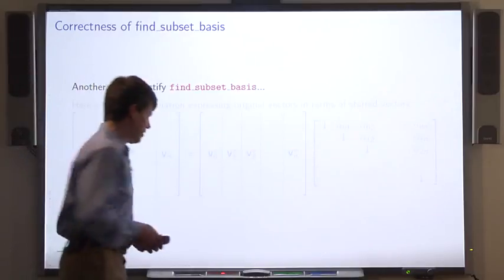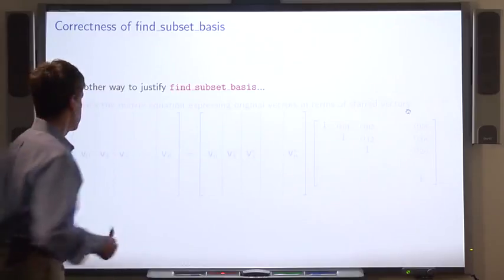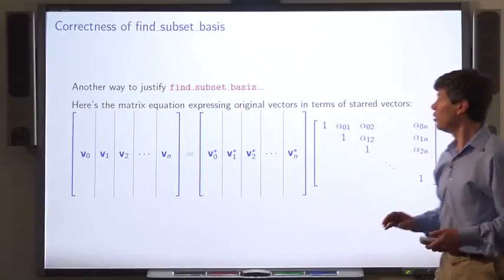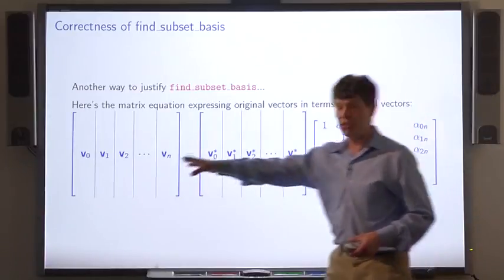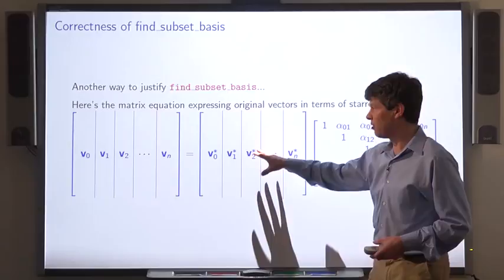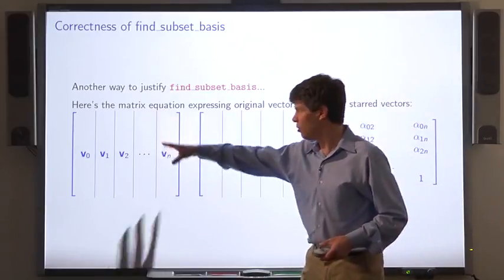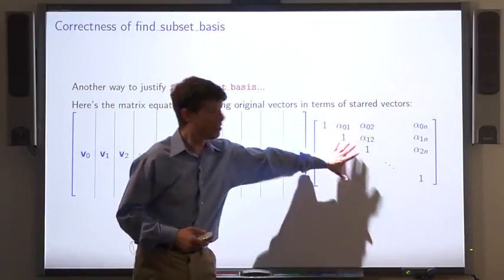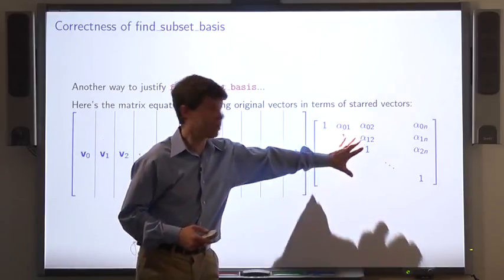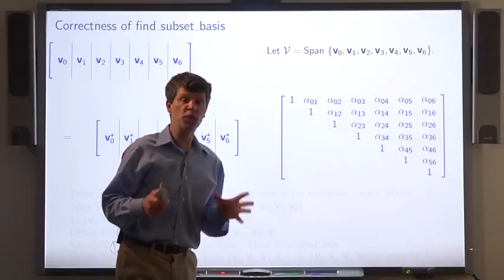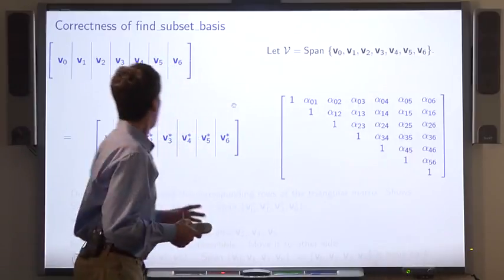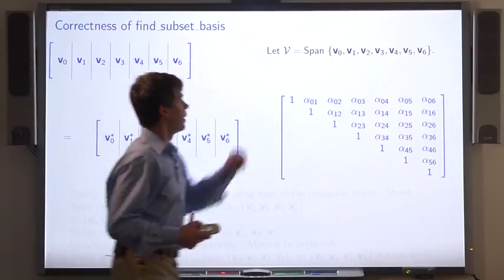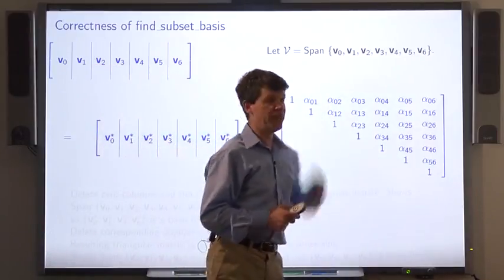Here's another way to see that our procedure is correct. Recall that we had a matrix equation relating the original vectors to the starred vectors. The matrix whose columns are the original vectors equals the matrix whose columns are the starred vectors times this invertible triangular matrix. Now, suppose we run find subset basis on the vectors v0 through v6. Let big V be the span of those vectors.